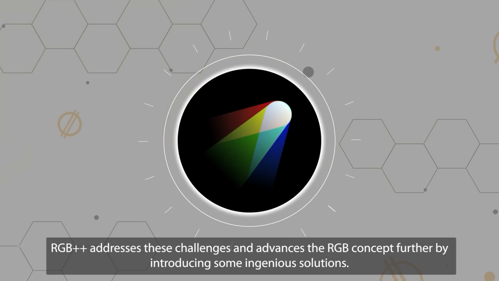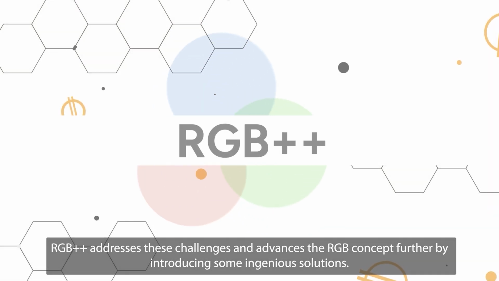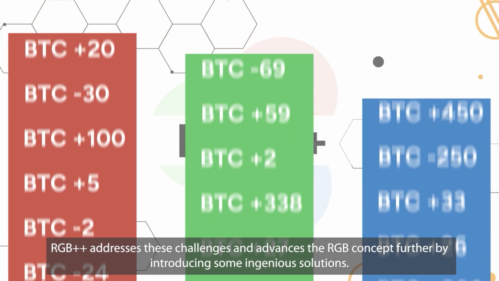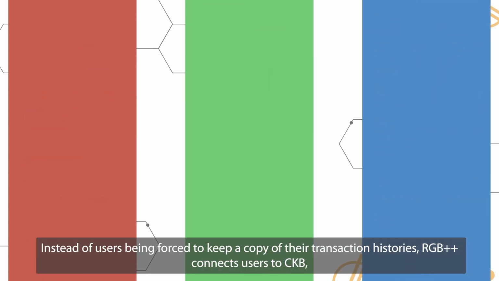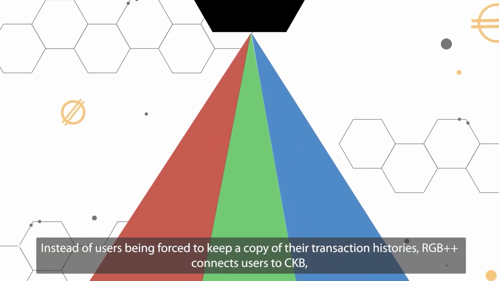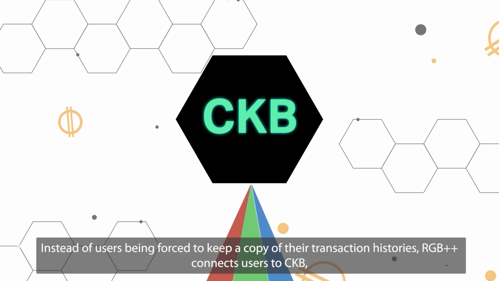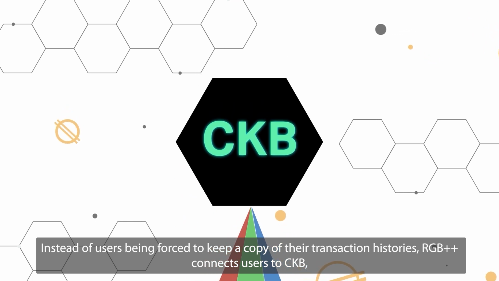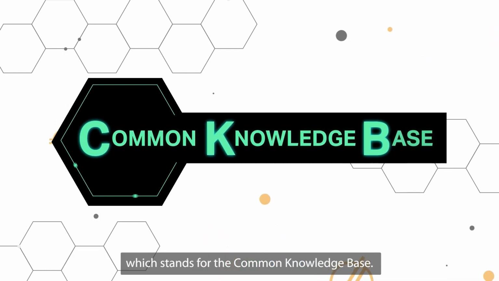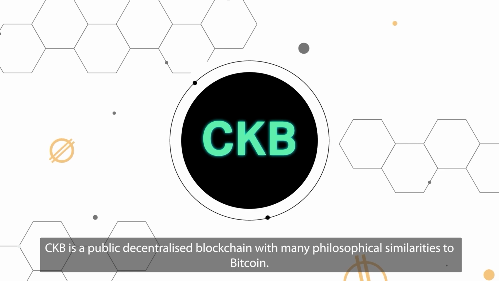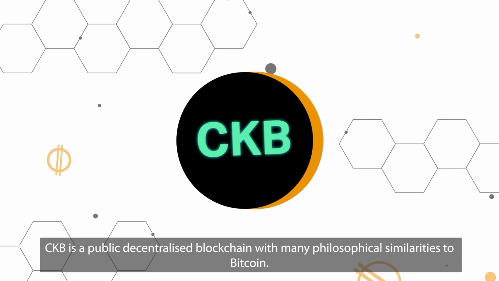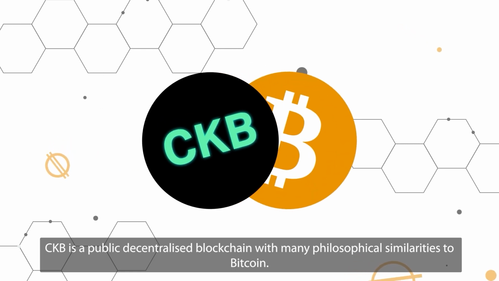RGB++ addresses these challenges and advances the RGB concept further by introducing some ingenious solutions. Instead of users being forced to keep a copy of their transaction histories, RGB++ connects users to CKB, which stands for the Common Knowledge Base. CKB is a public, decentralized blockchain with many philosophical similarities to Bitcoin.